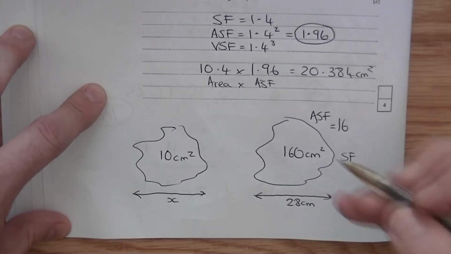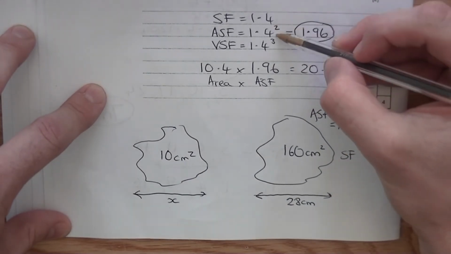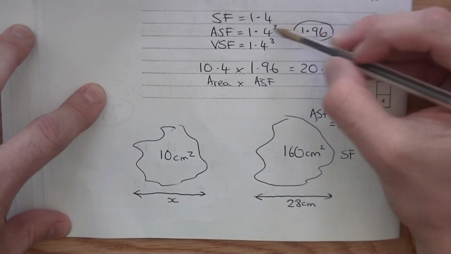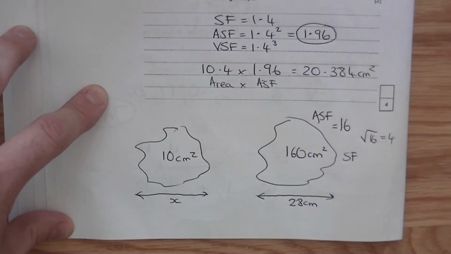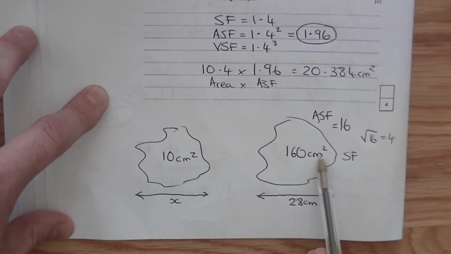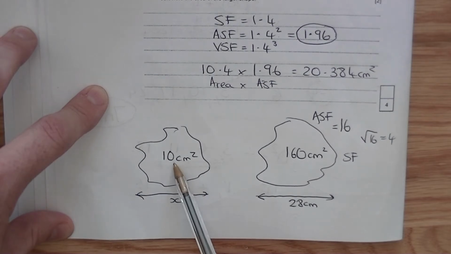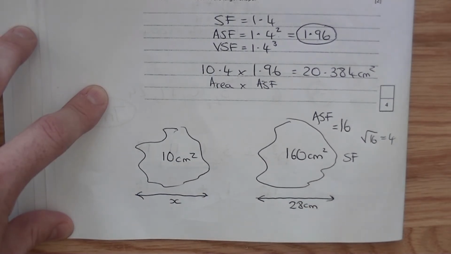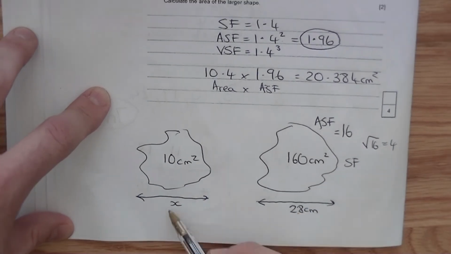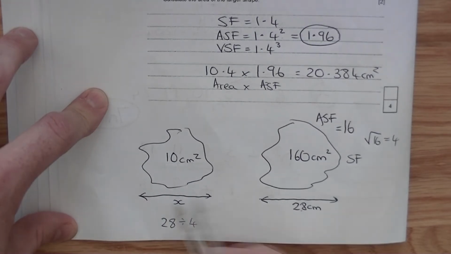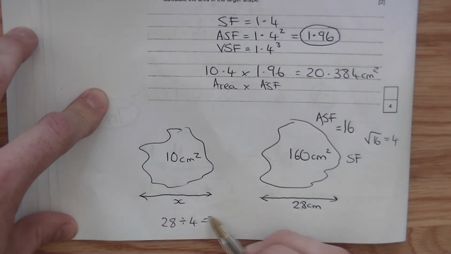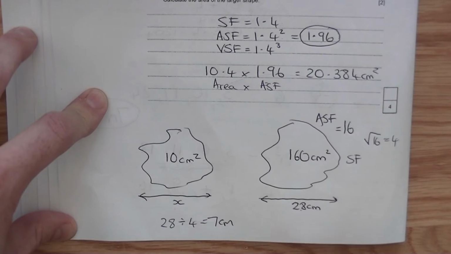Rather than squaring that to get that, I'm square rooting that to get that. The square root of 16 is 4. So this is 16 times bigger than this in terms of area, but actually each side is only 4 times as big. So if this is 28, this one here is 28, and because it's smaller, I'm dividing by 4. The other way around, it'd be timesing. So 7 centimeters.